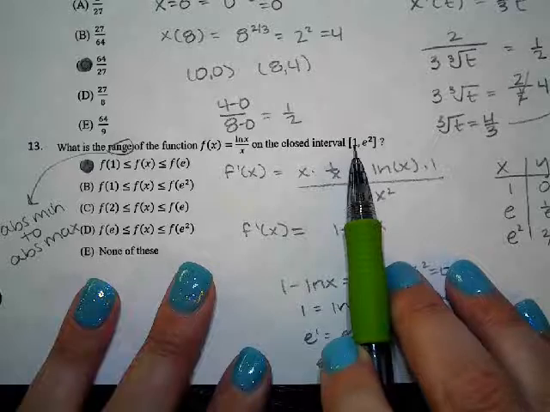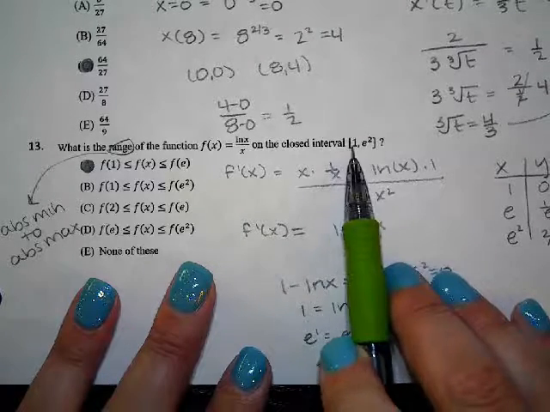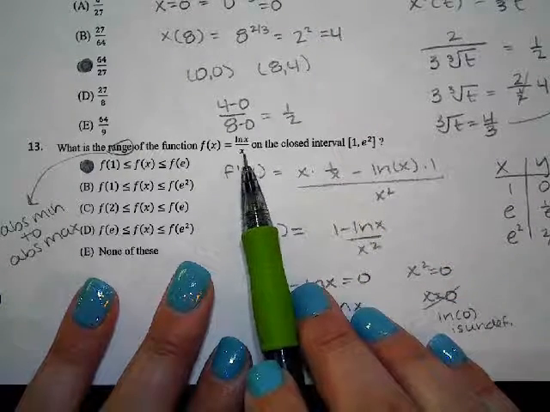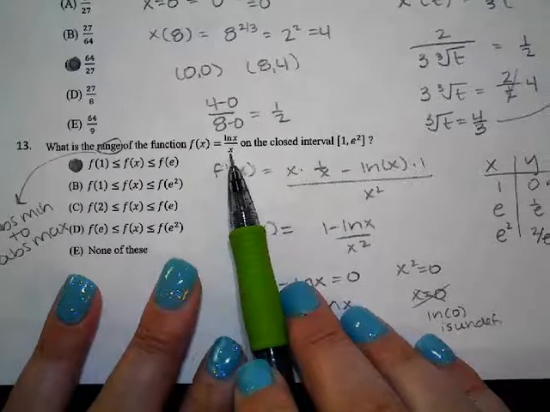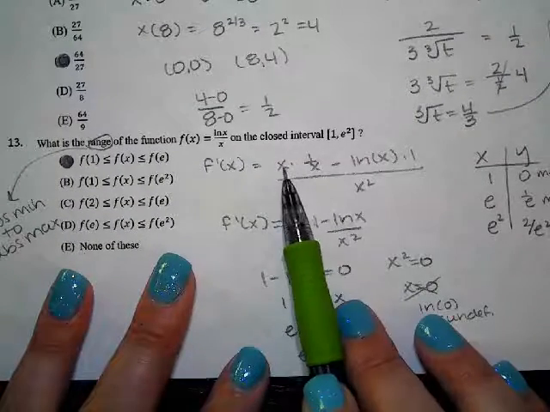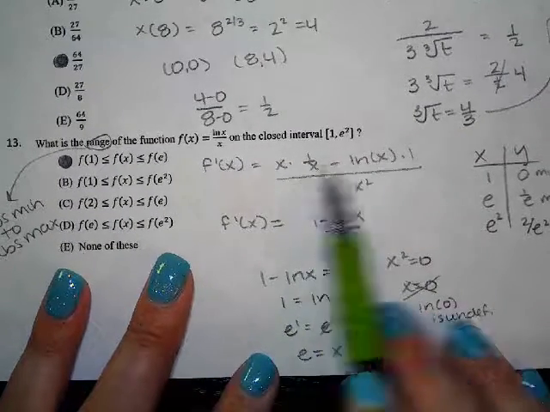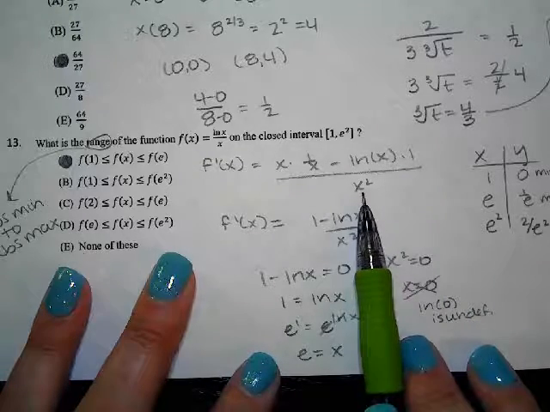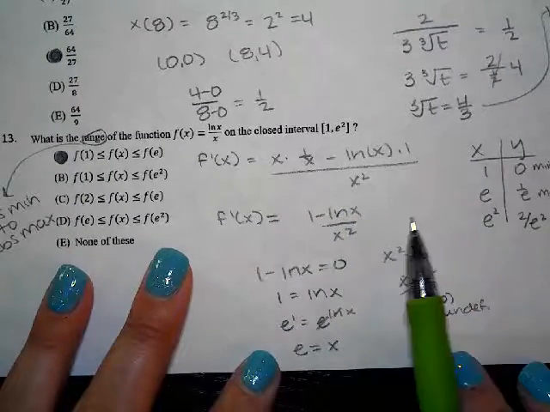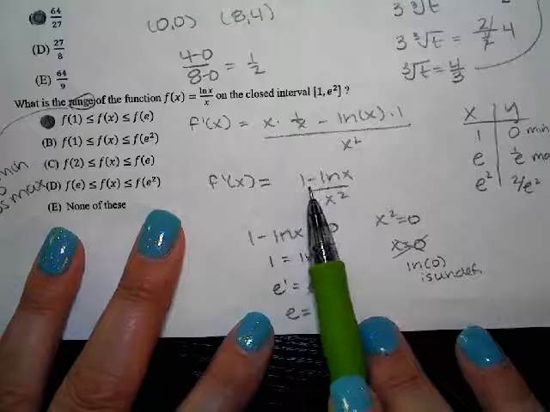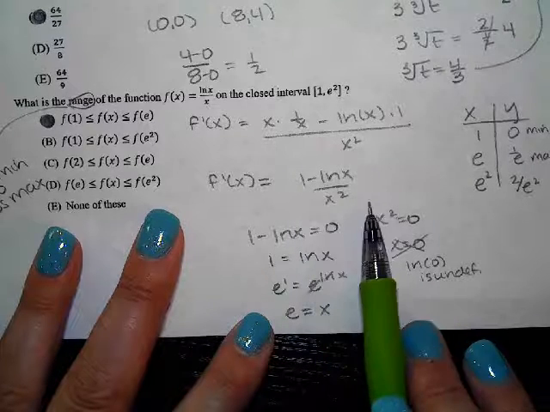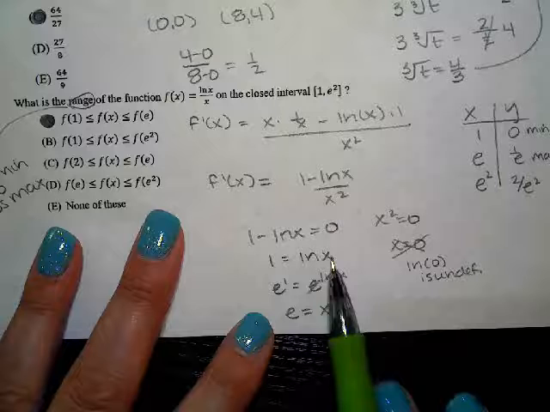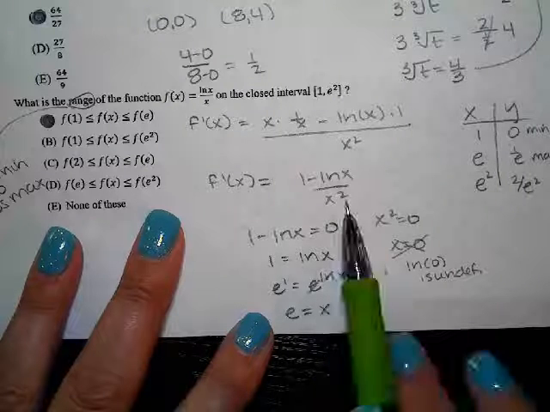So what I did is I took this and I found my derivative so I could find my critical points. Does that make sense? Okay, so I did low d high minus high d low divided by low squared. I'm just doing the derivative quotient rule to find my critical points. I ended up getting a quotient as my derivative, and I set the top equal to 0 to figure out where my derivative was 0, and I set the bottom equal to 0 to figure out where my derivative was undefined.